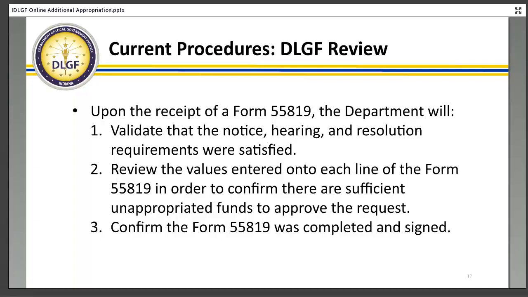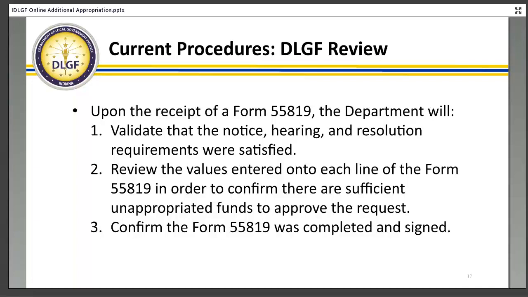Now, once the department receives the certified copy, we're going to work our way through the 3 steps on the page. The first thing we're going to do is validate that the notice, the public hearing, and the resolution requirements were all satisfied, meaning there wasn't 6 days between the notice and the public hearing. The resolution wasn't adopted early.